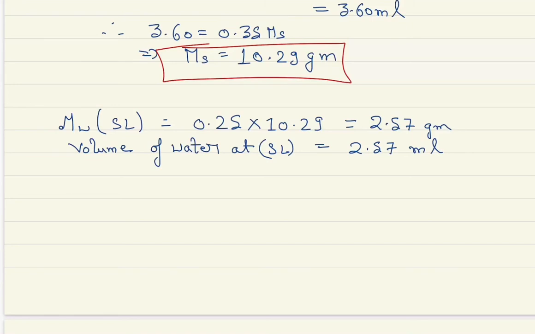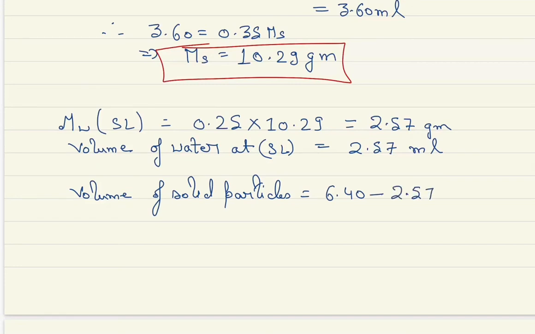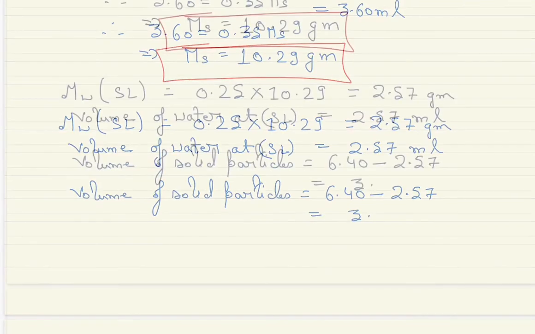Then what is the volume of solid particles? It will be equal to total volume at shrinkage limit minus volume of water, and it will be equal to 3.83 ml.